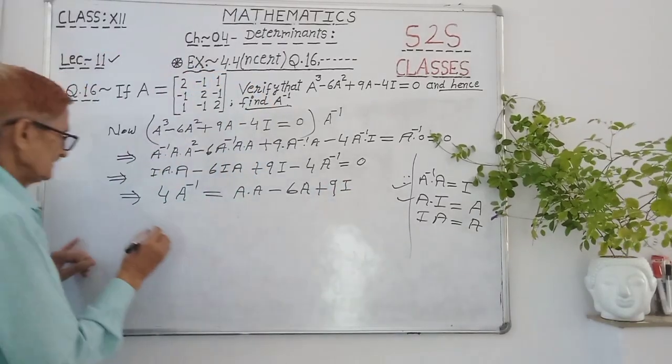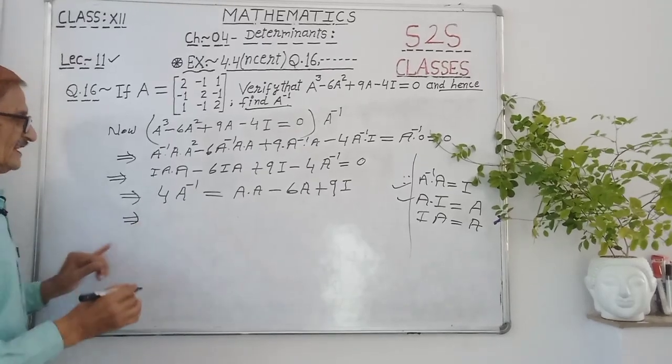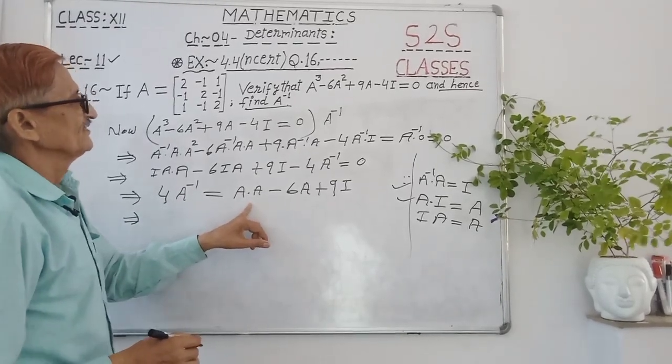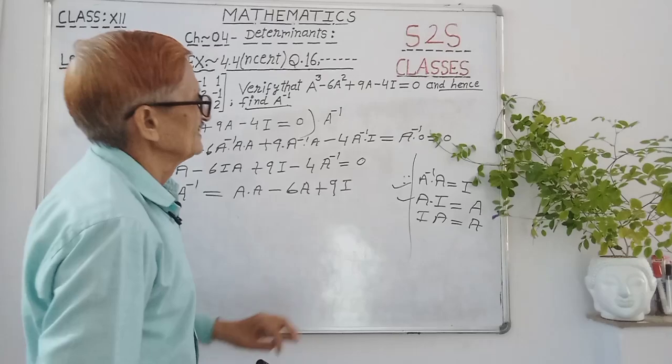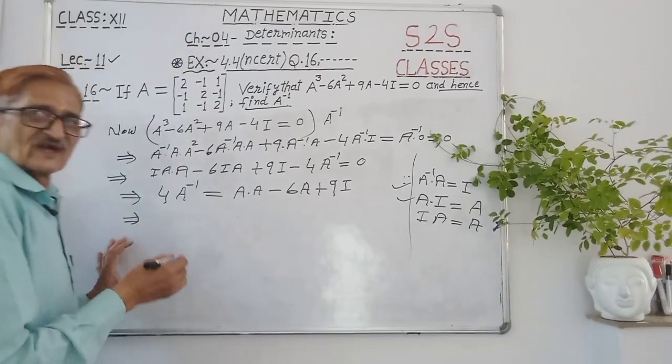Okay, this then A inverse A square we can put here, we have found it in the last question. Again A square we have to check.